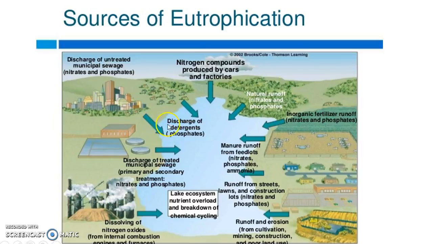And discharge of detergents. All this discharge is all man-made. There's only one component here that's natural. There's only one arrow that's supposed to be a source of nitrogen. But then when you add up all the different ways that humans do this, you end up with common eutrophication events. And you've probably seen this in the news, especially around Florida.